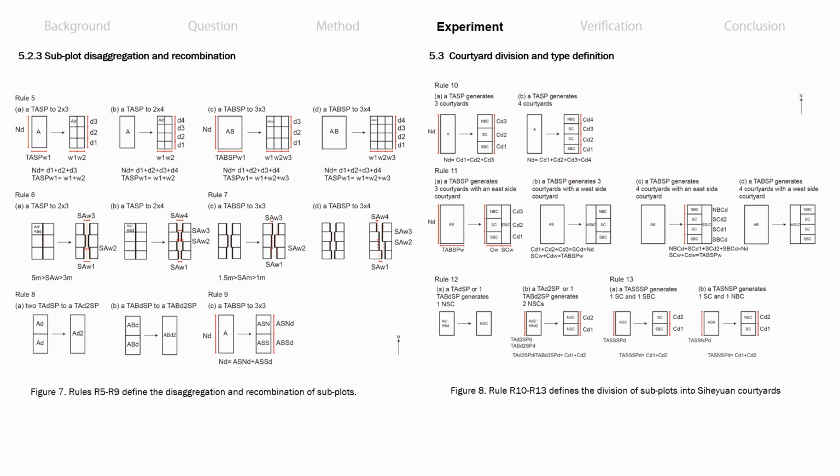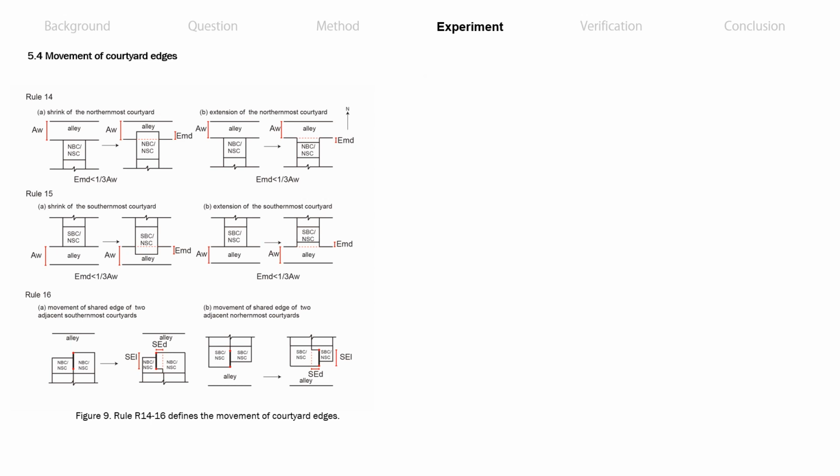After the generation of subplots, a subplot could be defined by a courtyard, or a subplot is divided into several courtyards. The division is according to the subplot type. It's noted that in some courtyards, the courtyard edges may move.